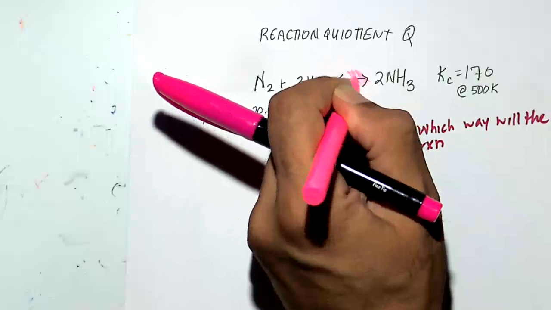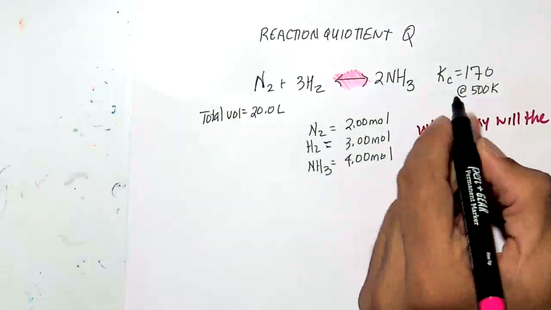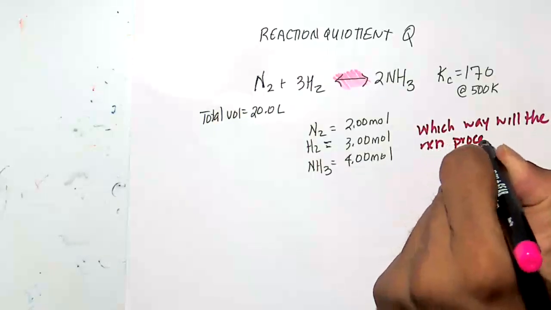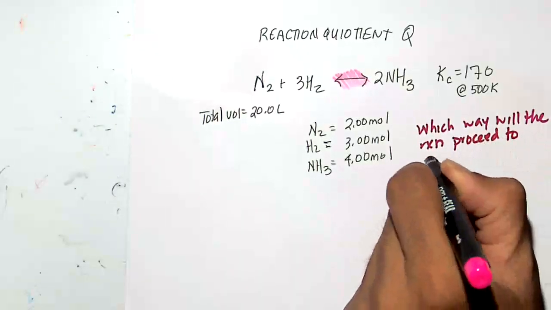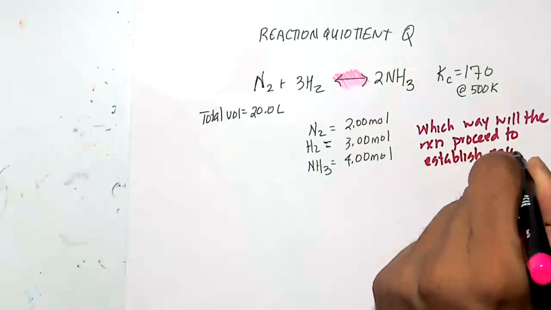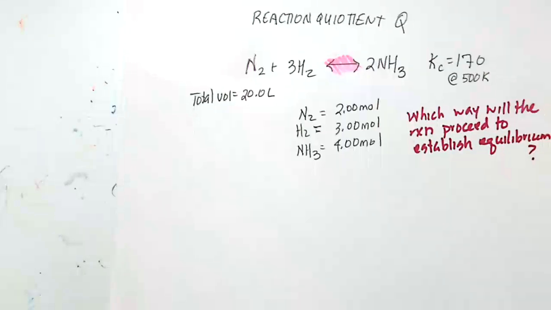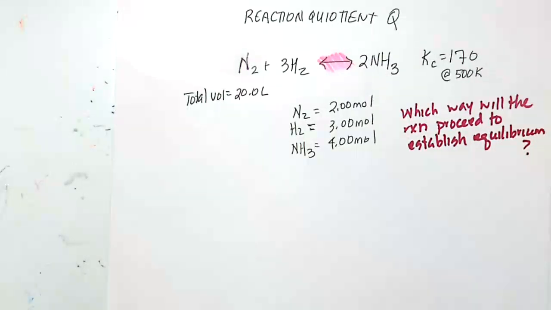Arrows, yes, very good. Which way will the reaction proceed to establish equilibrium? So this is the question.